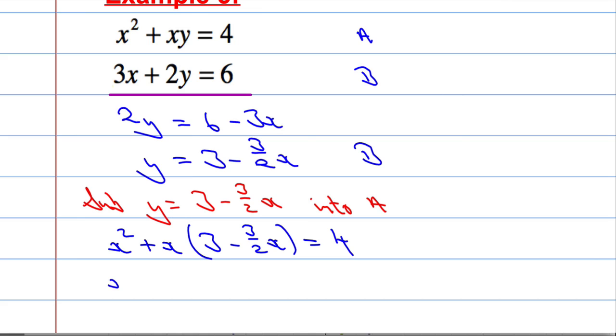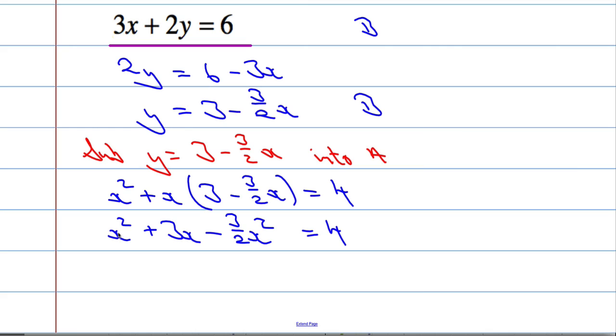So let's keep going here, x squared, expand in the bracket, plus 3x, and then x times negative 3 over 2x is negative 3 over 2x squared, and that's equal to 4.